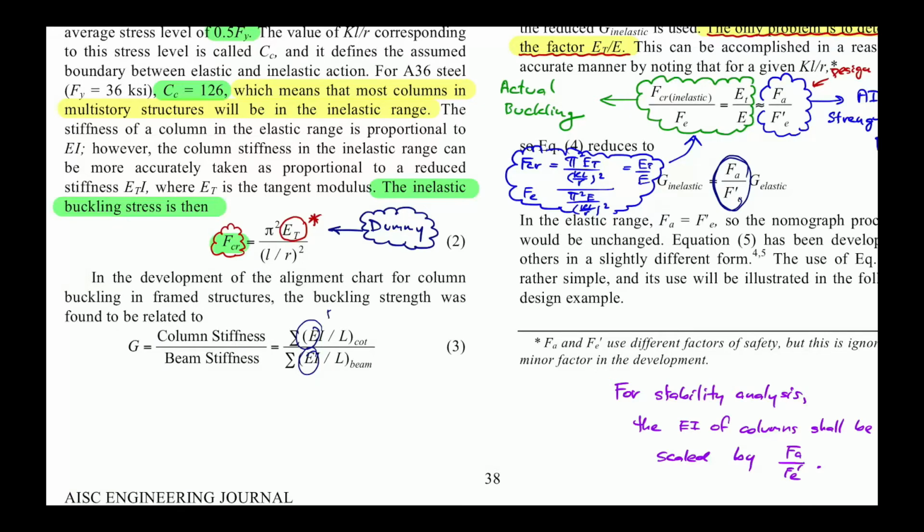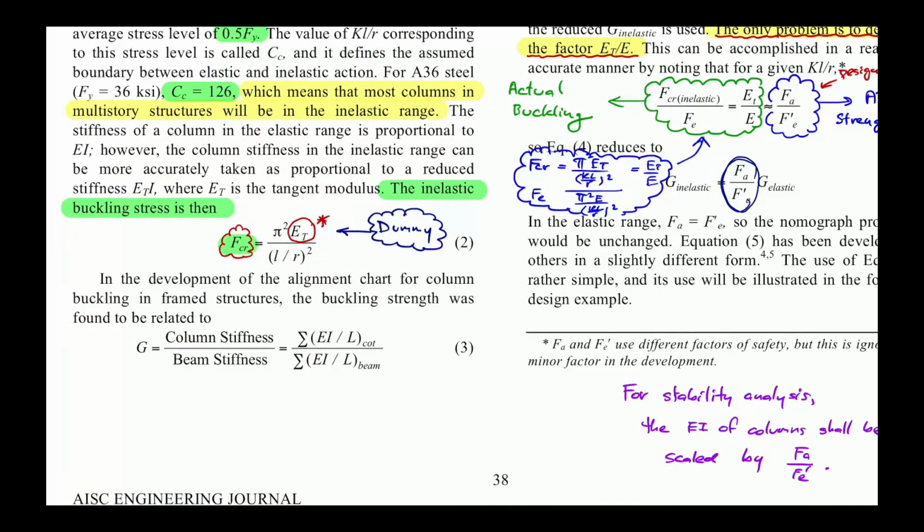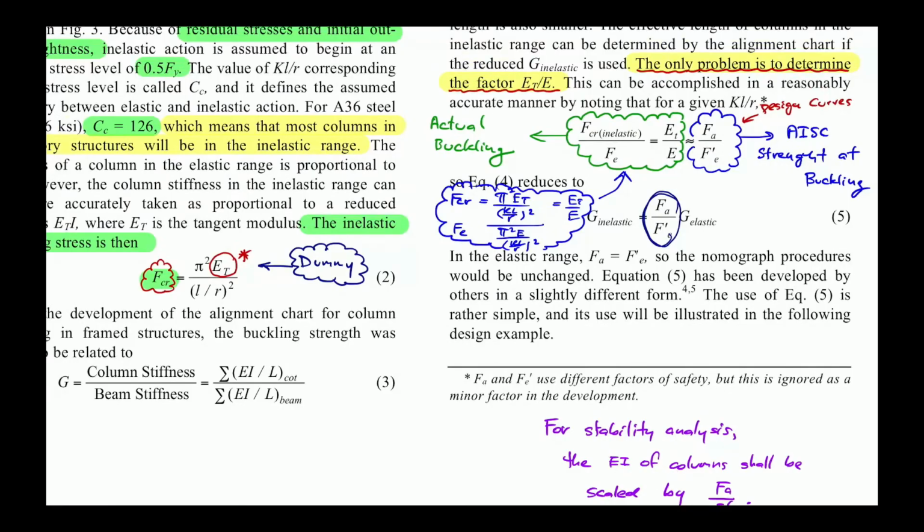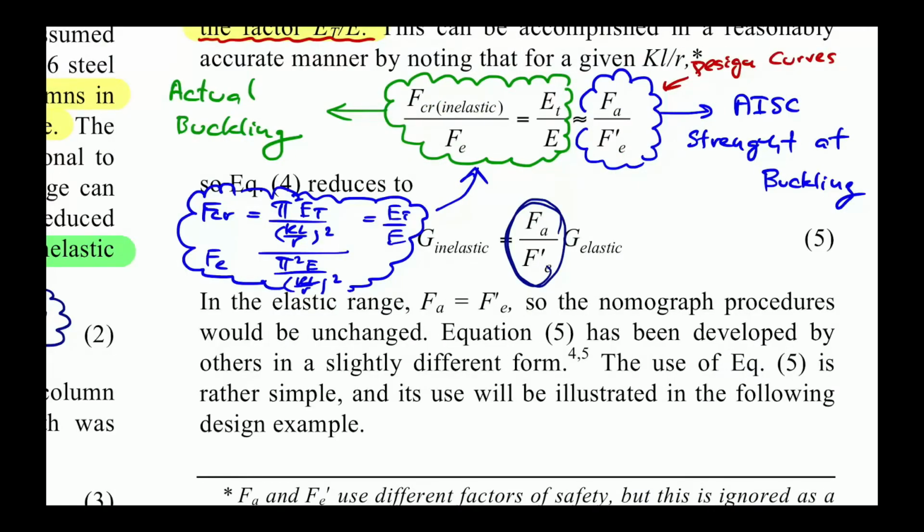So you might need to update the E for the column, but you might not need to update the E for the beam. If the E for the beam is not the same material as the column, then it might be a little different.